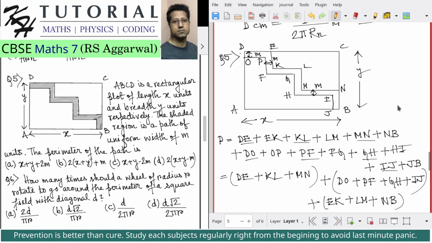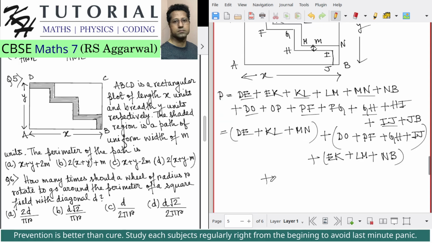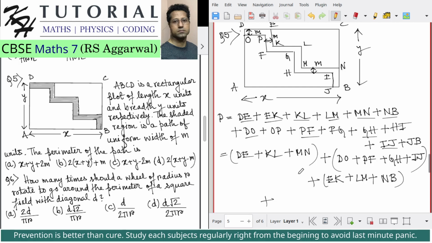Also notice that EK plus LM plus NB is nothing but the breadth of the rectangle. So the ones which are left are OP plus FG plus HI plus JB.